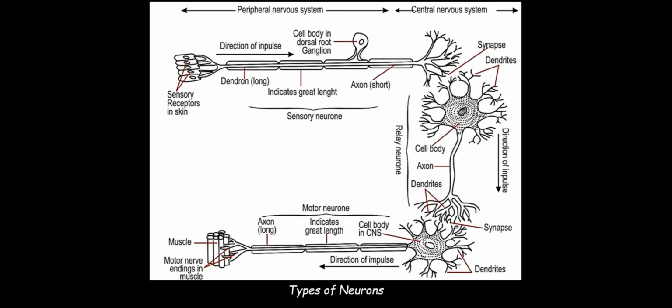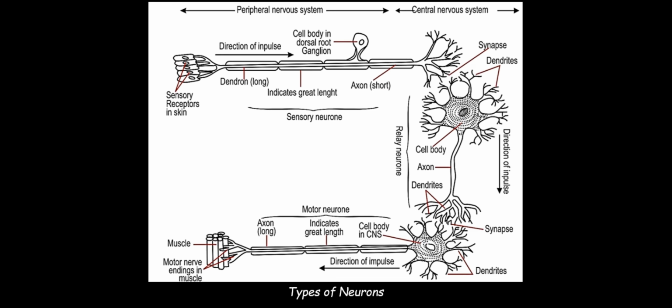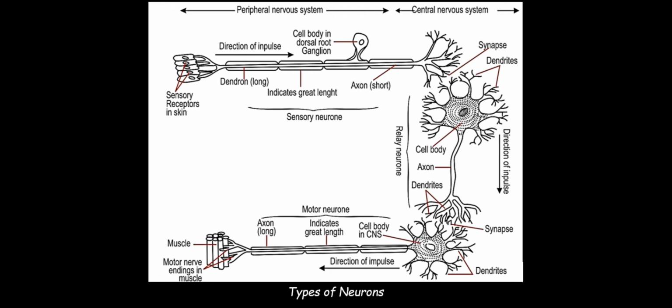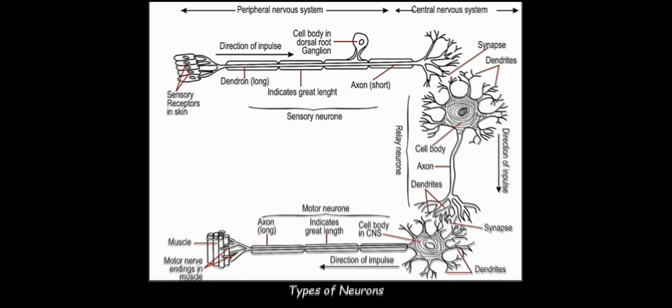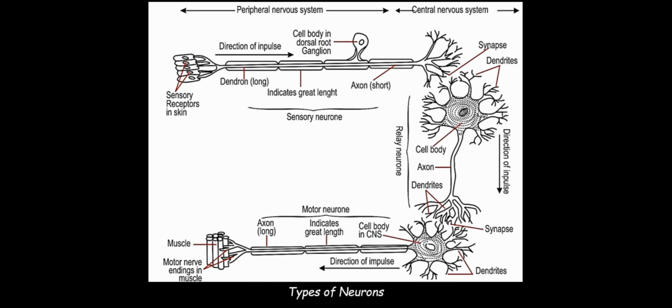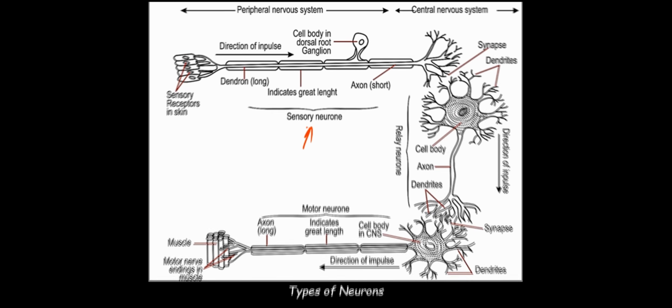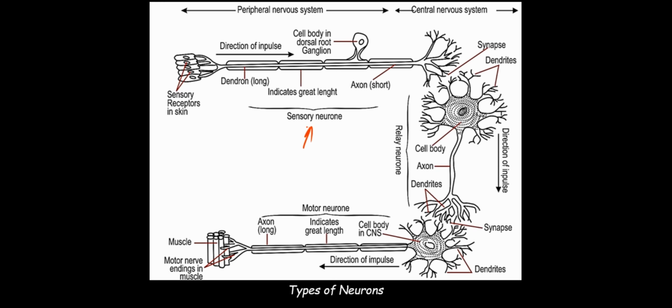So this diagram shows the different types of neurons and how they conduct impulses from the peripheral nervous system and the central nervous system. The first one we are going to be talking about is the sensory neuron. I want us to take a look at the direction that the impulse flows.